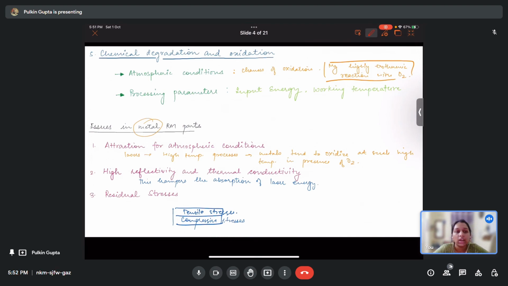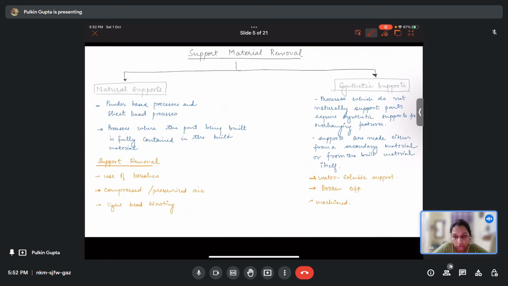Then we studied the issues in metal additive manufactured parts: their affinity towards atmospheric conditions, their conductive and reflective nature, and the generation of residual stresses.